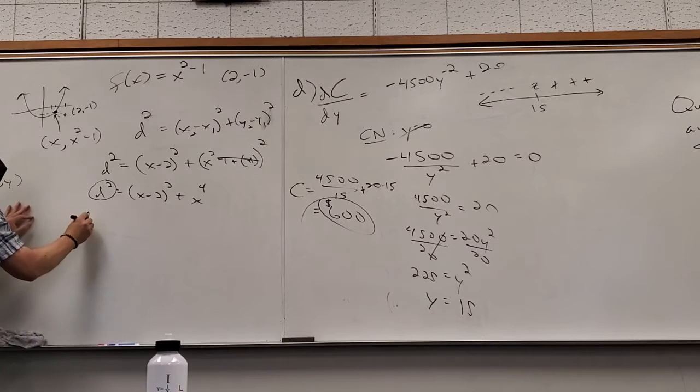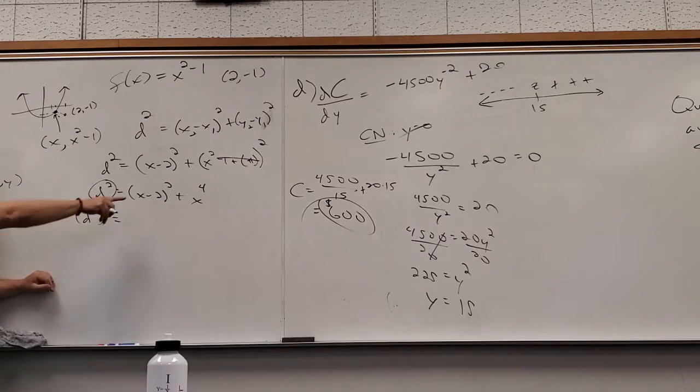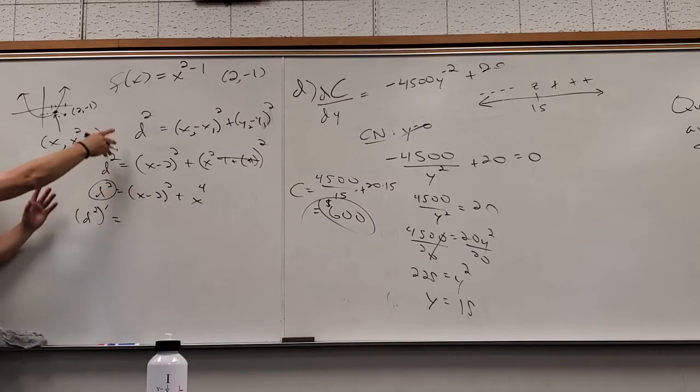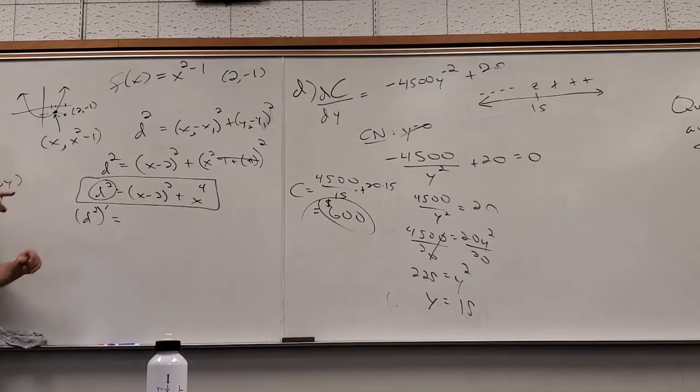So I'm going to just take this guy's derivative. What would that guy's derivative be? Because now I've got this function. What am I trying to do to this function? What does it want me to find? The minimum square distance, right? So of course I'm going to take a derivative, find my critical numbers. We're at that point now.